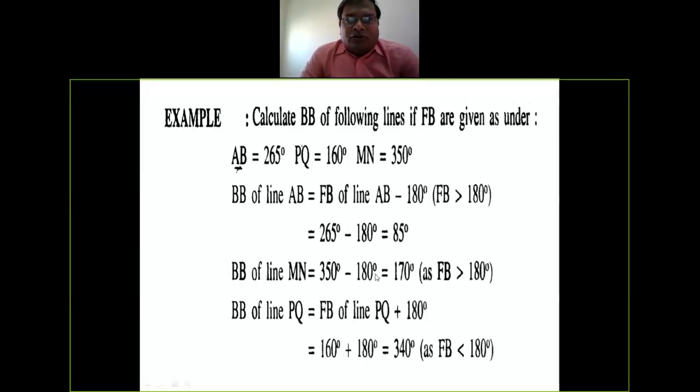You can see I have taken one very simple example. Calculate the back bearing of the following lines if the forebearings are given. I have taken three examples: AB is equal to 265 degree, PQ is equal to 160 degree, and MN is equal to 350 degree. Suppose for this line I have to calculate the back bearing.